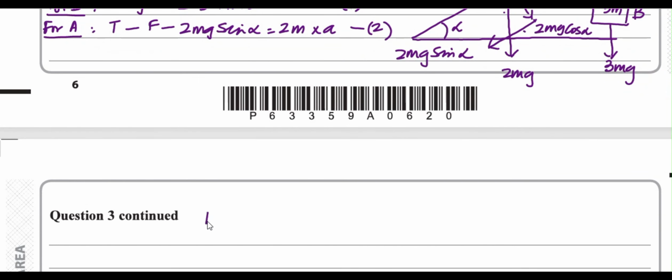We also know that frictional force is equal to mu times R. Therefore, mu is given in the question as 2/3 times R, which is 2 mg cos alpha.